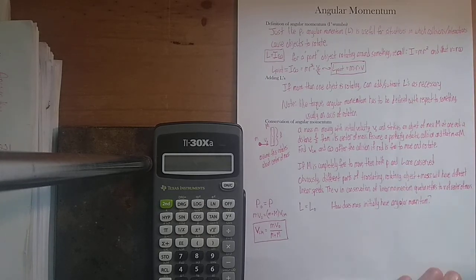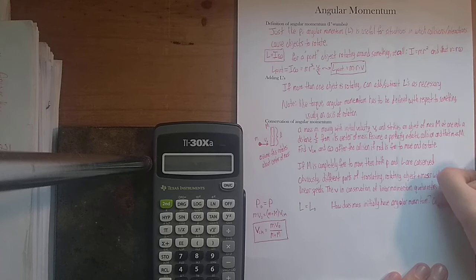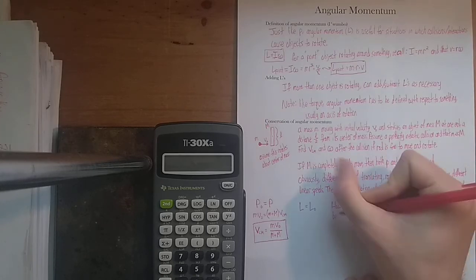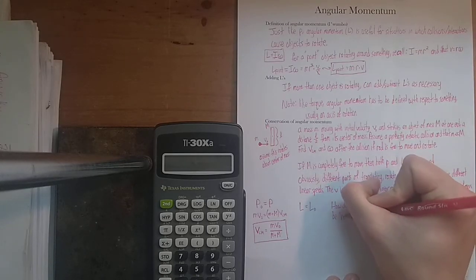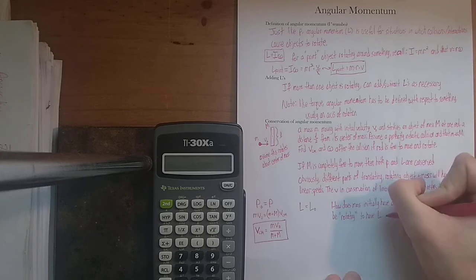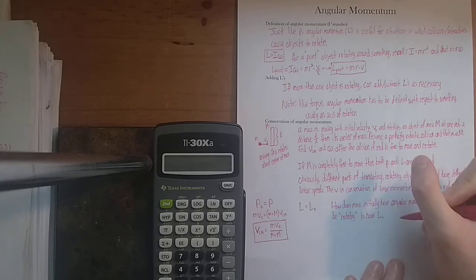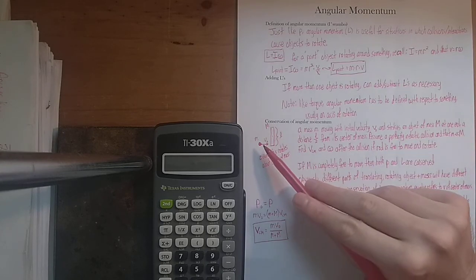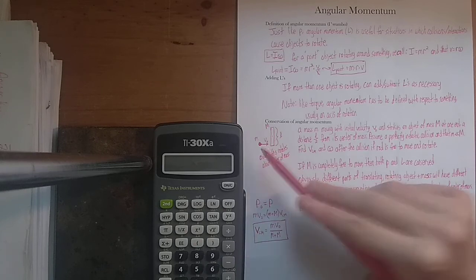It turns out that objects actually don't need to necessarily be rotating as you think of it to have angular momentum. Instead, we're going to assume that this mass right here is what has the angular momentum.